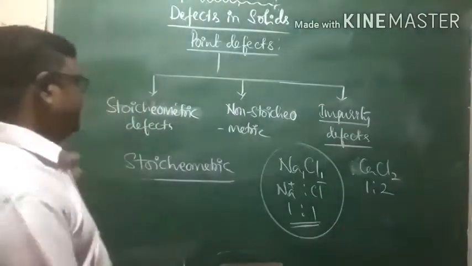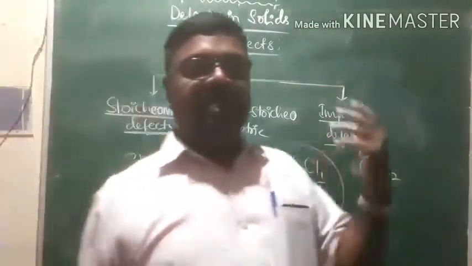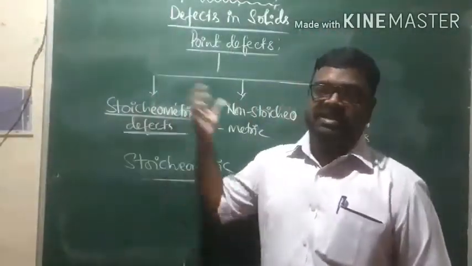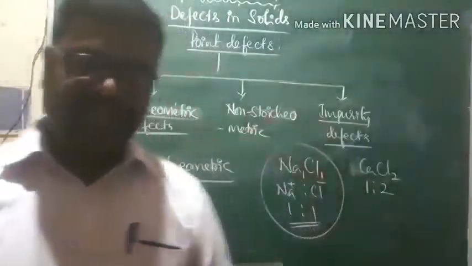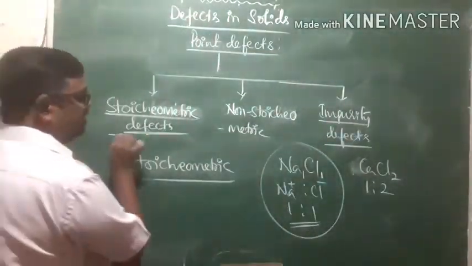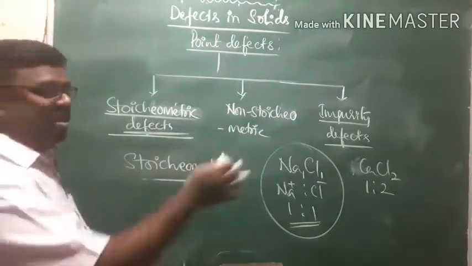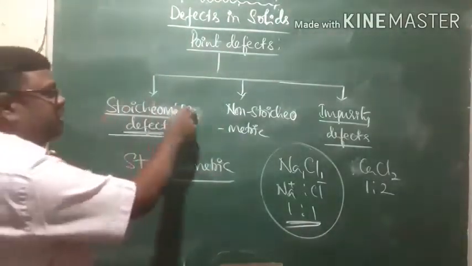As far as stoichiometric defects are concerned, they are one of the types of point defects where the stoichiometry of the crystalline solid will not be changed even though the defect takes place. Or you can say the defect that does not alter the stoichiometry of the crystalline solid is called a stoichiometric defect.